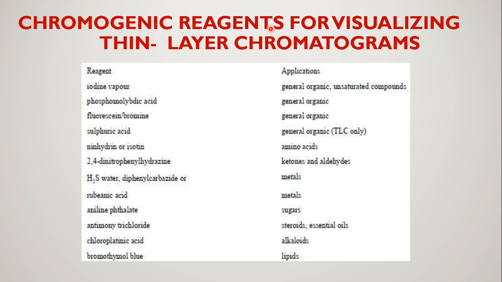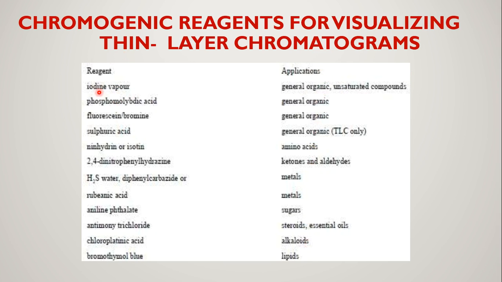After development and drying of the TLC plate, the different sample components impregnated on the TLC plate can be visualized by providing them a specific color through the reaction with these chromogenic reagents.